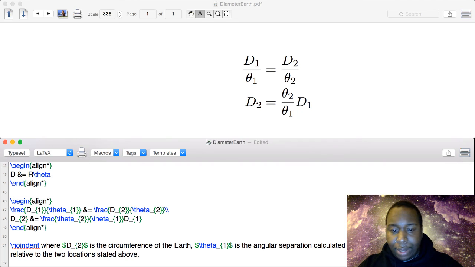And lastly, there's theta 2. And theta 2 in this situation is going to be 2 pi.